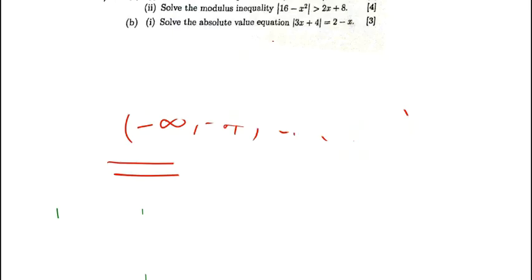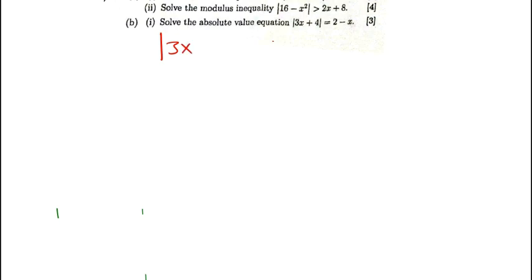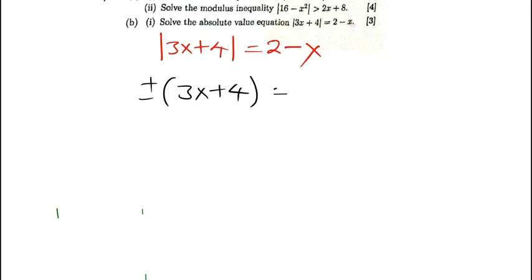Now with that understanding, we can apply the same concept to answer this simple absolute value equation. The modulus of 3x plus 4 is equal to 2 minus x. So when you see the modulus there, what you're trying to say is introduce plus or minus of 3x plus 4, and then is equal to 2 minus x.